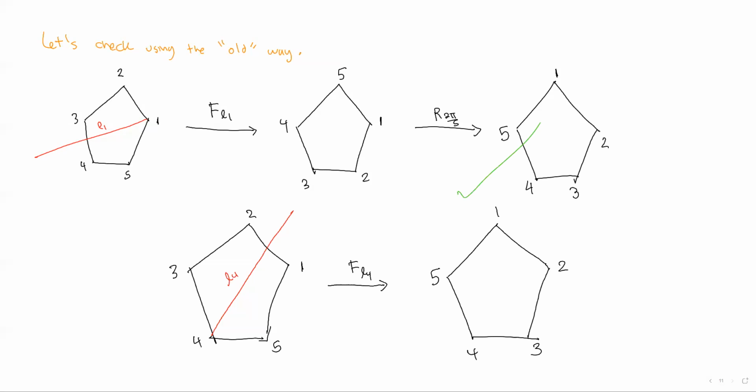Okay, and now we just check that ON is a group. So that's the second order of business. Prove that ON is a group.